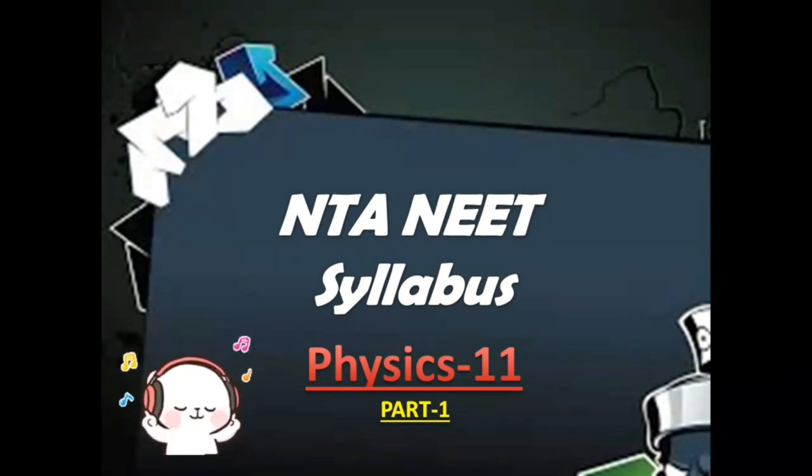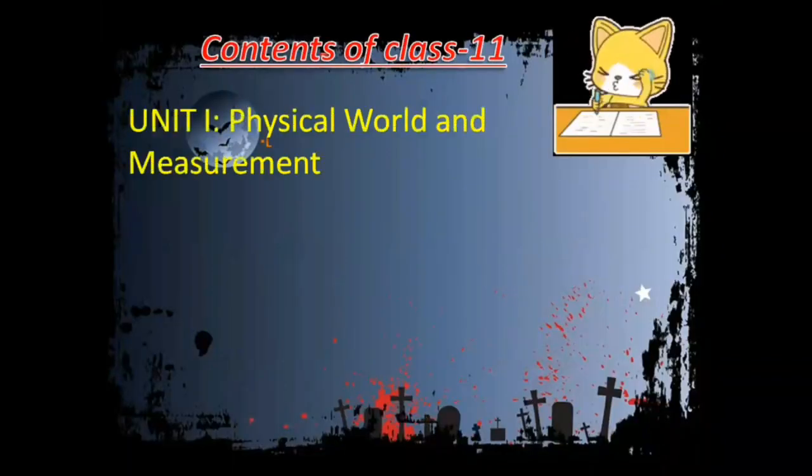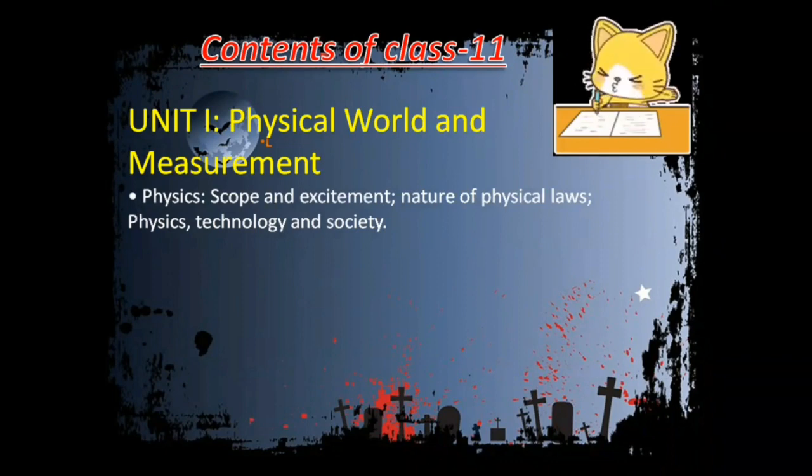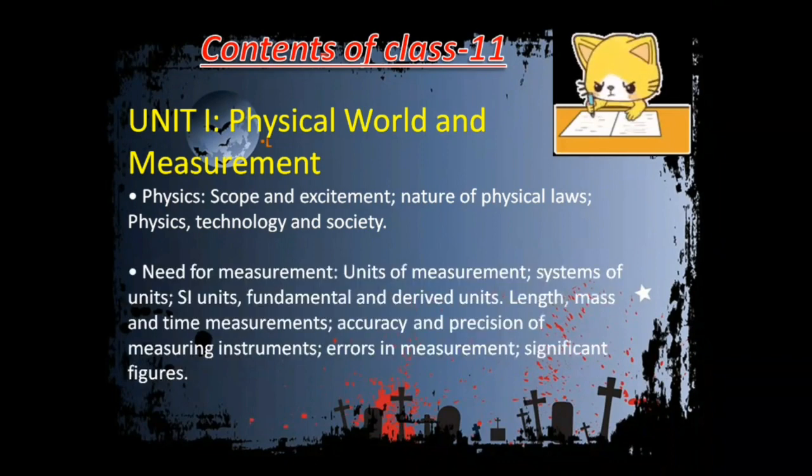First, contents of class 11 unit 1, physical world and measurement. Under physical world and measurement: physics, scope and excitement, nature of physical laws, physics, technology and society. Need for measurement.